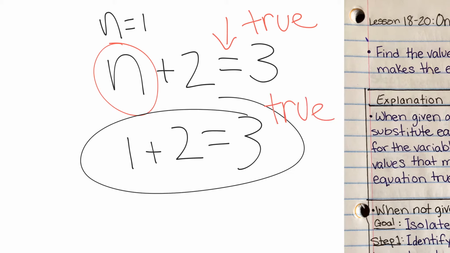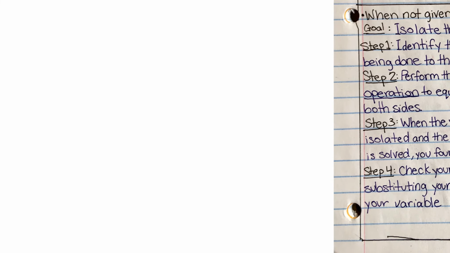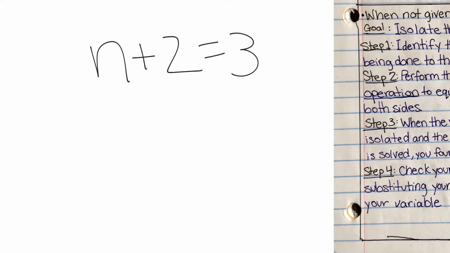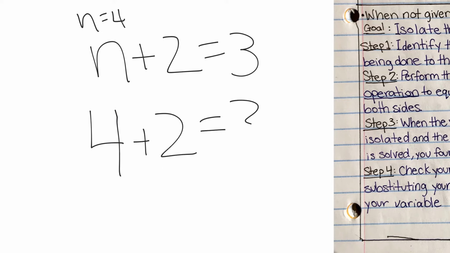However, let's say they tried to trick us and gave us that same equation of n + 2 = 3, but this time they said n = 4. And you're like, oh, that doesn't seem right. Well, let's try it. n = 4, so instead of n, we'll substitute a 4: 4 + 2 = 3. No, it does not equal 3.